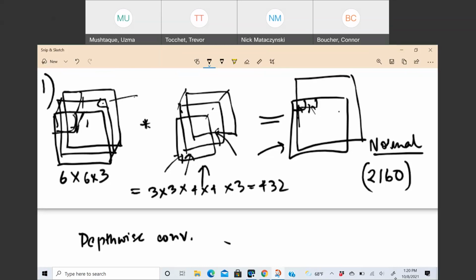I'm not done yet. I will apply another point-wise convolution to this, which is nothing but a 1-by-1 convolution, right? So I'll apply a 1-by-1 convolution.